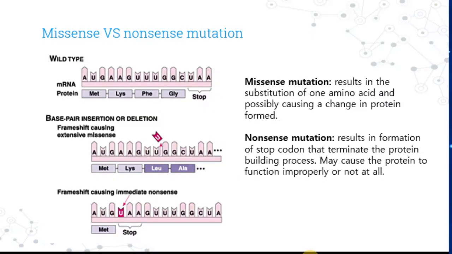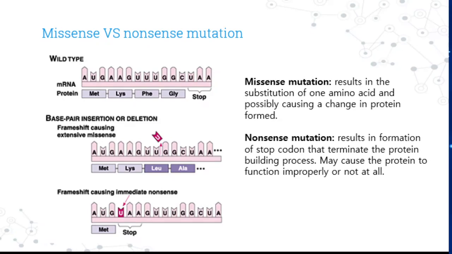So now we want to look at the consequences of these genetic variations. How would it affect the protein produced? For example, here if you look at the wild type, we have UUU translated into phenylalanine. Imagine there is an addition of one nucleotide base into the strand, or a deletion of one nucleotide base from the strand.